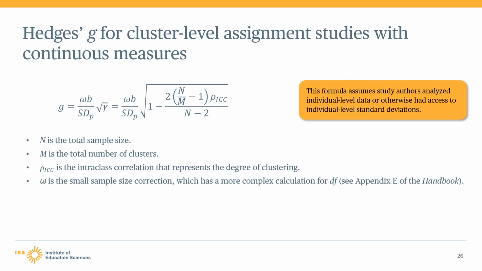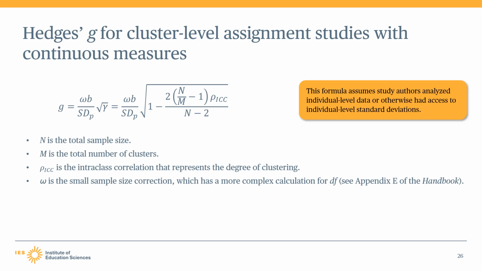A common way to compute effect sizes from cluster-level assignment studies is by using an estimate of the unstandardized mean difference, B, and the pooled individual level standard deviation, SDP. The information needed for this effect size typically will be model components from a regression analysis that accounts for clustering.